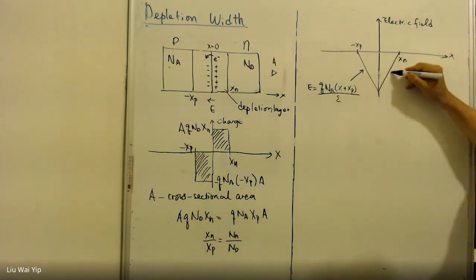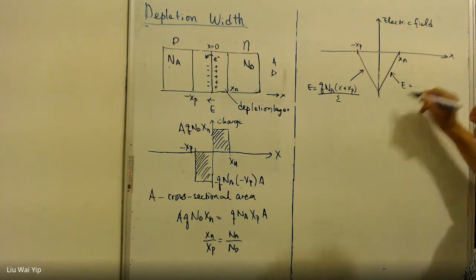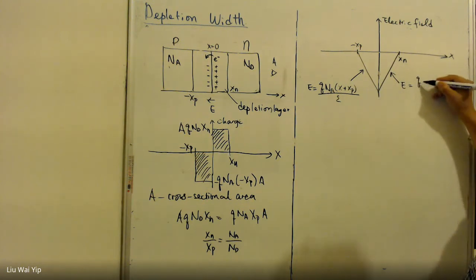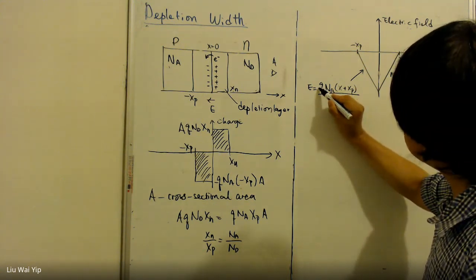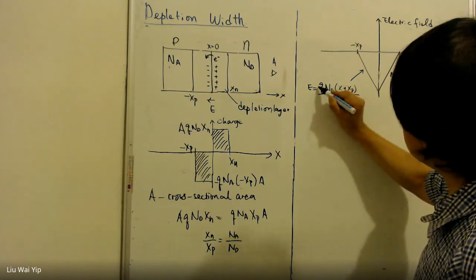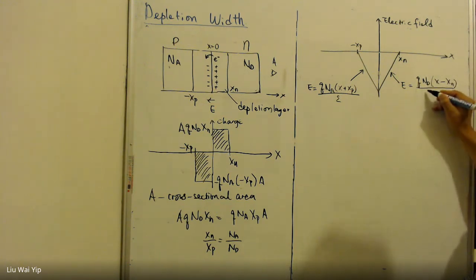And in here, the electric field is given by Q N D, maybe there is a negative here. Anyway, x minus xn divided by epsilon.